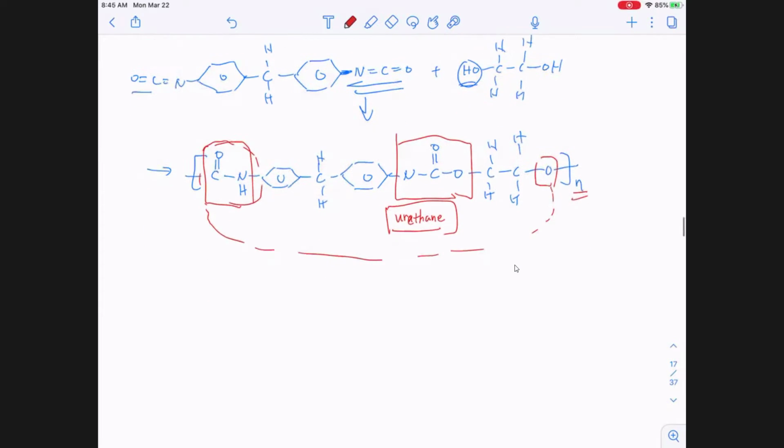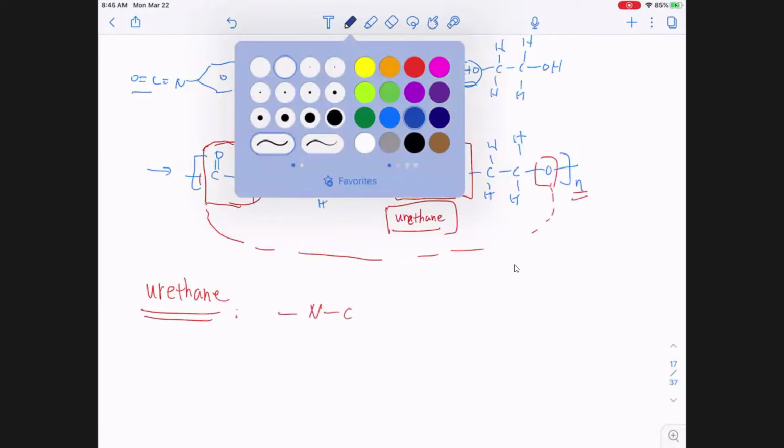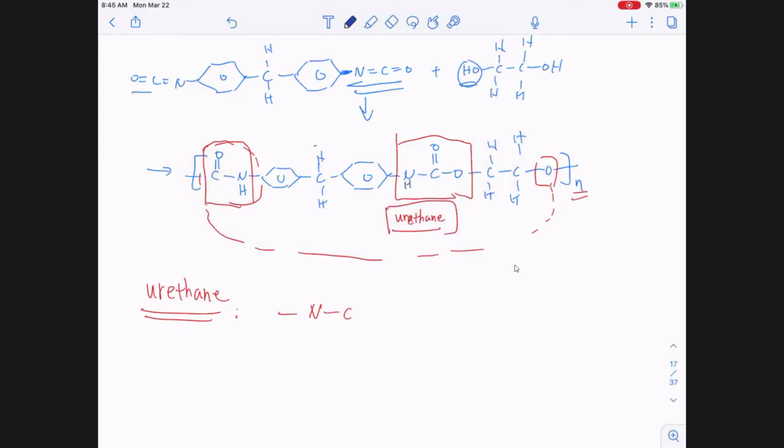So urethane, this with nitrogen, generates NH. But we only need hydrogen, we don't need to put it there. Generates the backbone NCOO. That's it.